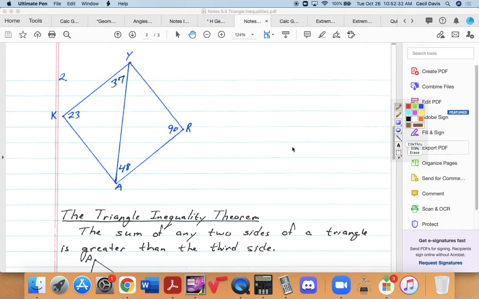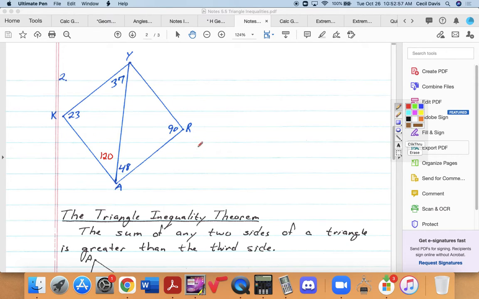So let's do the triangle on the left. See, 23 plus 37 is 60. So what's this angle? 120. Very badly not drawn to scale. Okay, again, that's on purpose so you can't just look at it and go, oh, that's the biggest side. So could I put these three sides in order on the left?